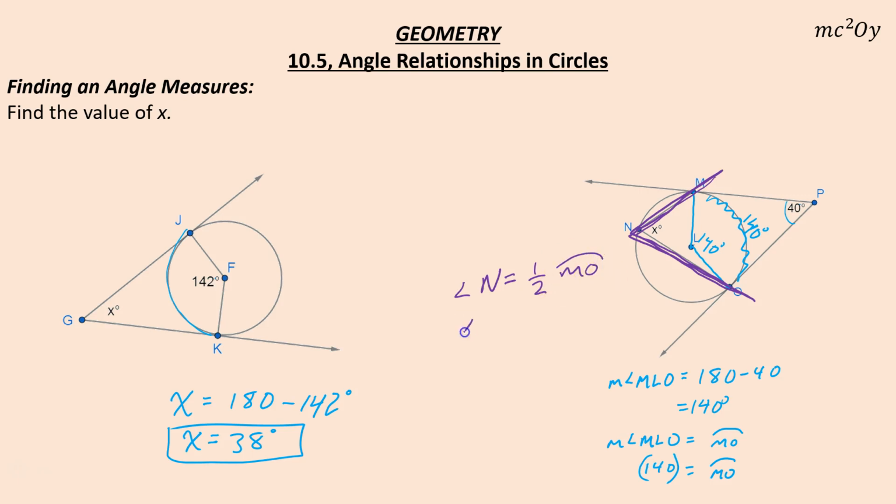And arc MO is 140. So one half of 140 is angle N, which is 70 degrees. And that just happens to be our value of X: 70.